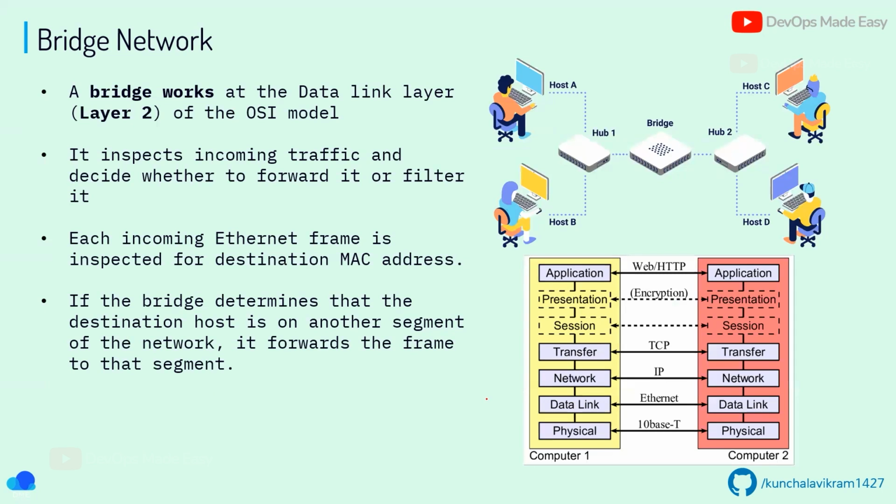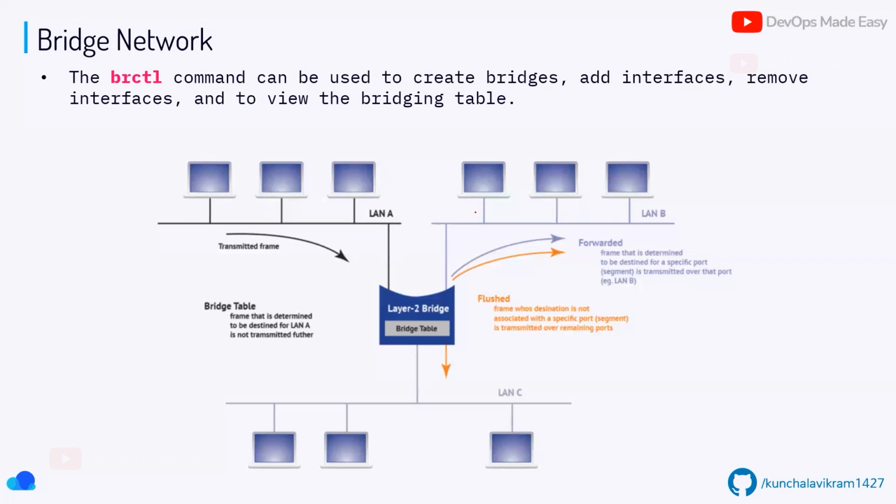Whenever it receives outbound traffic, it extracts the MAC address of the destination, and figures out whether this MAC address belongs to the other network or is in the same network. Only if the MAC address belongs to the other network, the bridge is going to forward the traffic to the other network. Now in Linux, you have a tool called brctl, the bridge control tool.